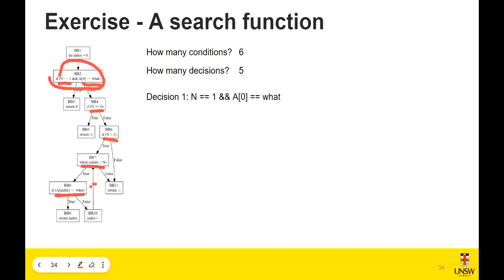So in order to achieve 100% of MCDC, we have to consider the truth table for each and every decision here. So let's first consider this first decision, where we have 2 conditions, n equals 1 and a0 equals what we search for. Can you imagine how this table will look like?